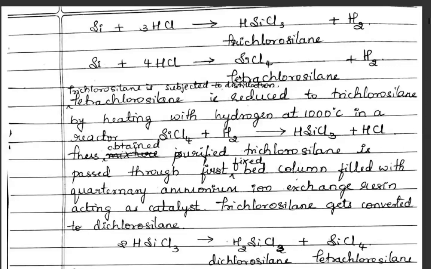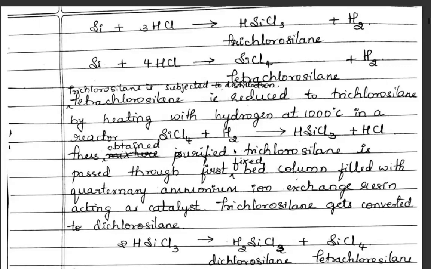We want tetrachlorosilane to be reduced to trichlorosilane. How? By treating it in a hydrogen reactor at 1000 degrees centigrade, so that tetrachlorosilane gets converted to trichlorosilane. So I already had trichlorosilane, and this tetrachlorosilane also I converted to trichlorosilane.